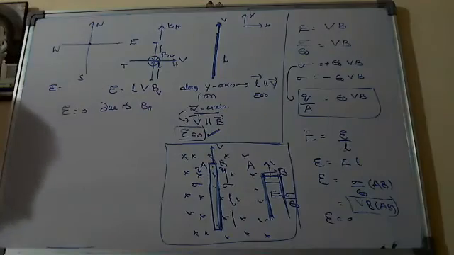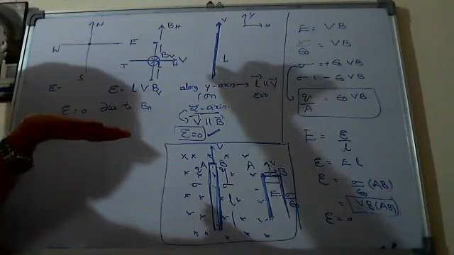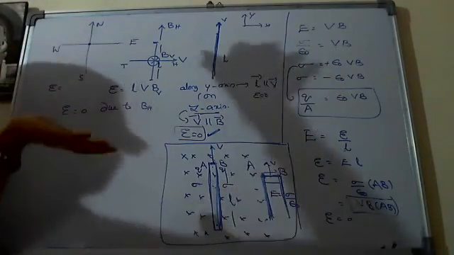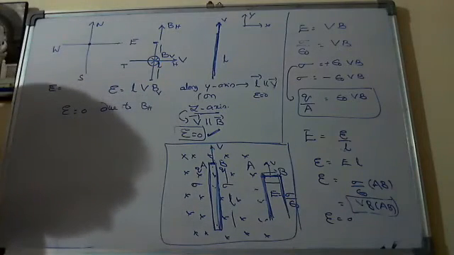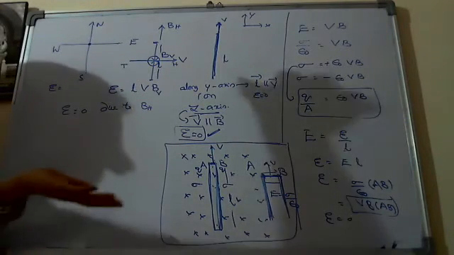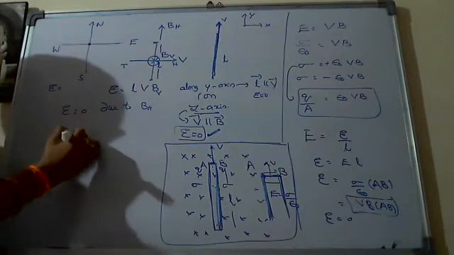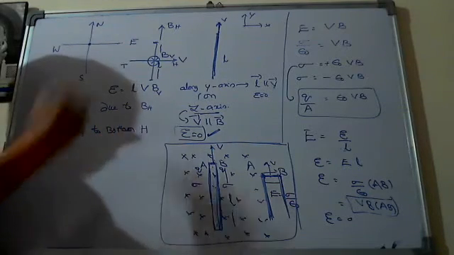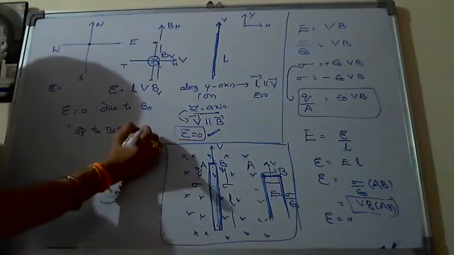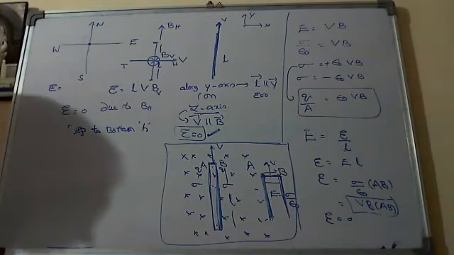Suppose in the exam they consider the top of the aeroplane and the bottom of the aeroplane, the distance between the two, because the aeroplane's top-to-bottom width is not negligible, some few meters. If you consider top to bottom, the height as h, then across the top and bottom, will you find any EMF now?